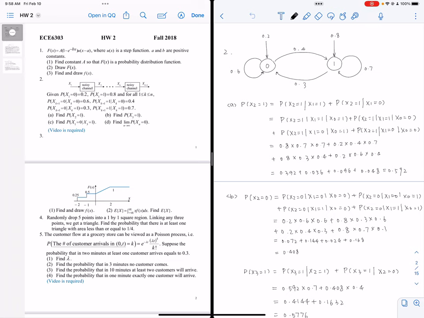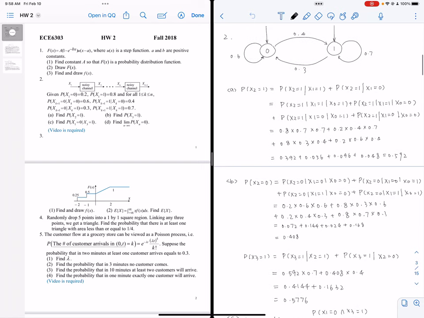I wrote P(x2 = 1) equals P(x2 = 1 given that x1 is 1) plus P(x2 = 1 given that x1 is 0). Basically we just multiply the probabilities and get a result of 0.592.